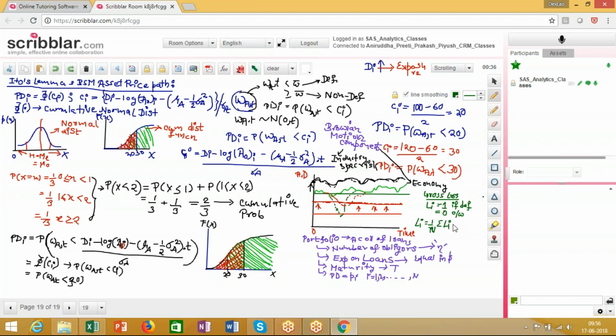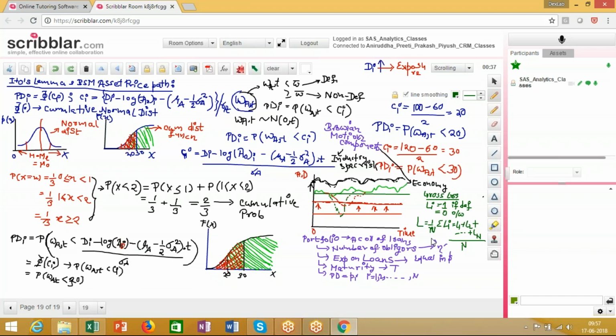So this is represented as L1 plus L2 plus Ln, divided by n, since there are n number of losses. So this is the portfolio loss, or the average portfolio loss.